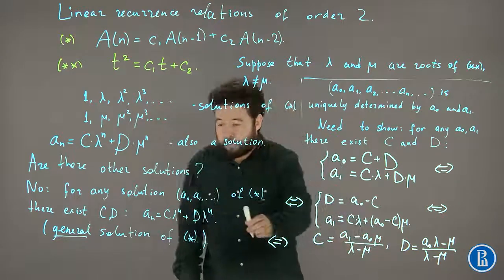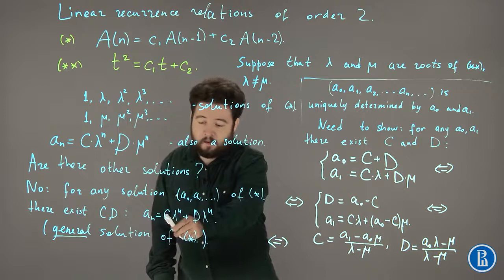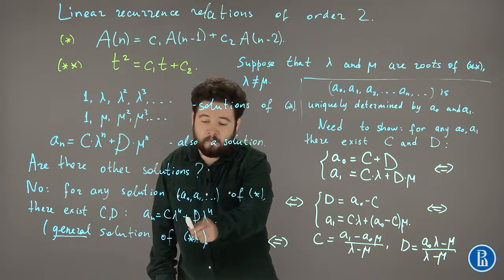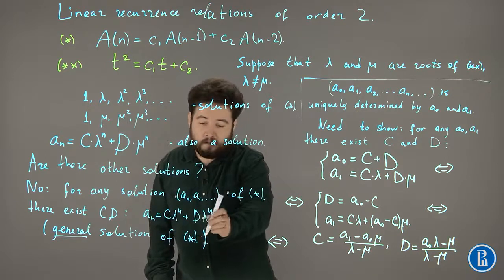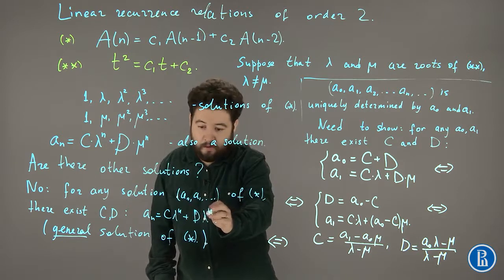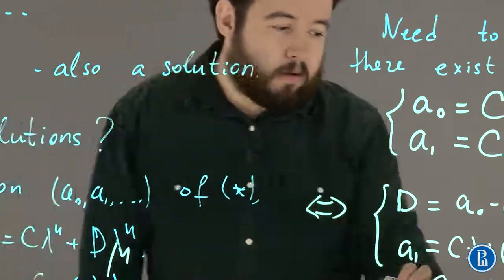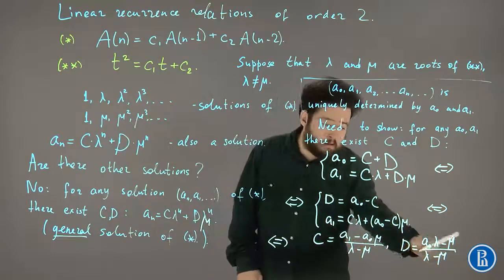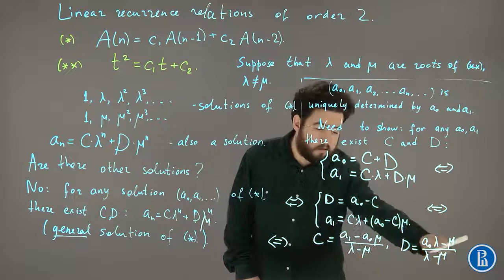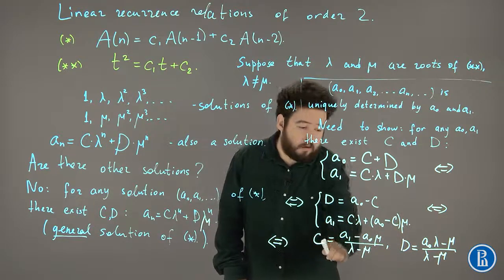It will have the form a(n) is equal to C lambda to the power n plus D times mu to the power n. This should be mu, sorry. Where C and D are obtained as follows.